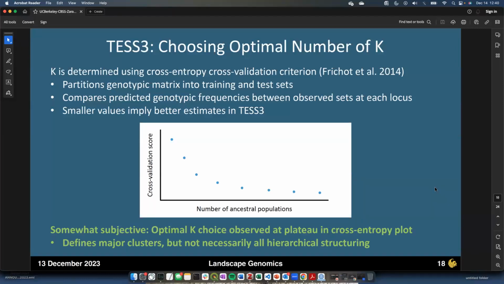Yeah, there can be many at smaller spatial resolutions. But as long as you're open about that, don't say, oh yep, optimal 5 looks right, we're going to stick with that, and aren't super glued to that, then you're on the right track. So it is a little subjective, but it is based on this quantitative metric, the cross-entropy cross-validation score.